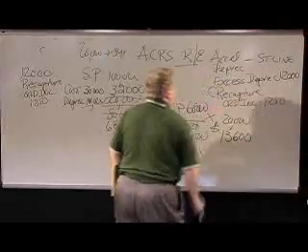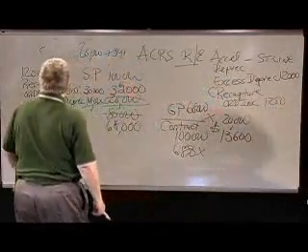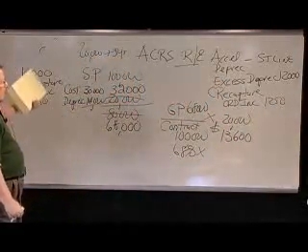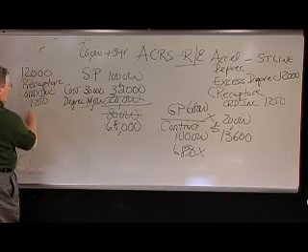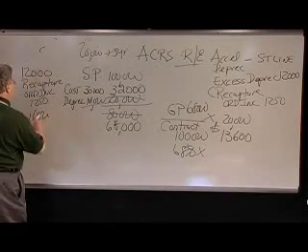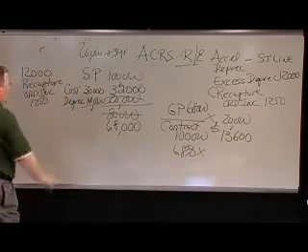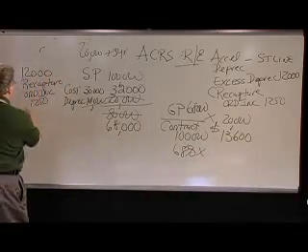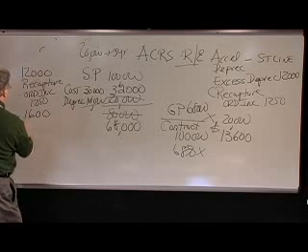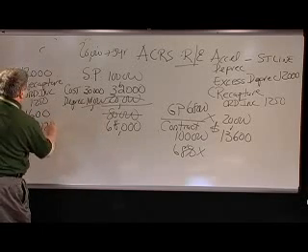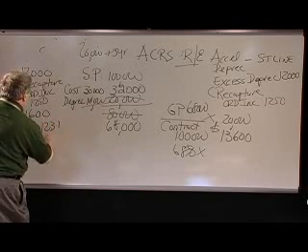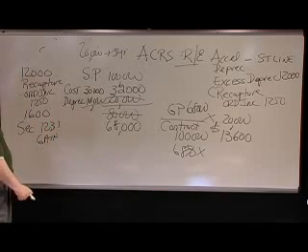So the total gain is $13,600. We recaptured 12,000. The difference is $1,600. The $1,600 is going to be Section 1231 gain, which is long-term capital gain.